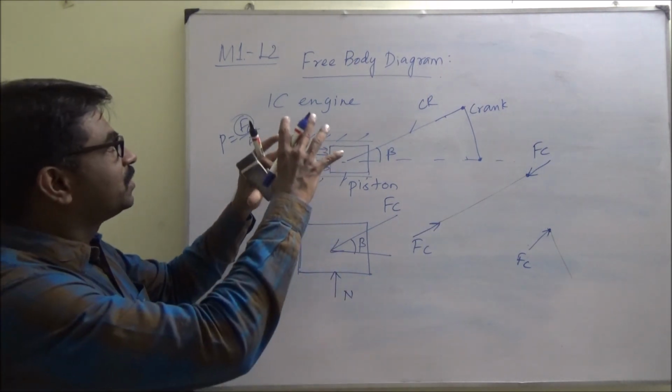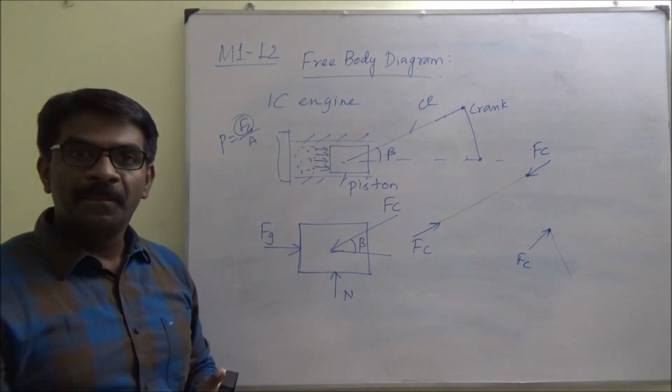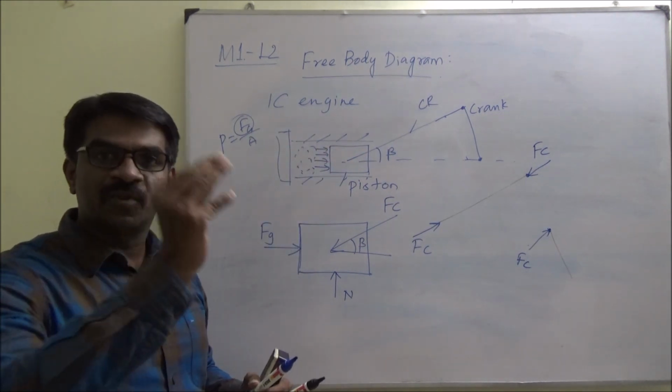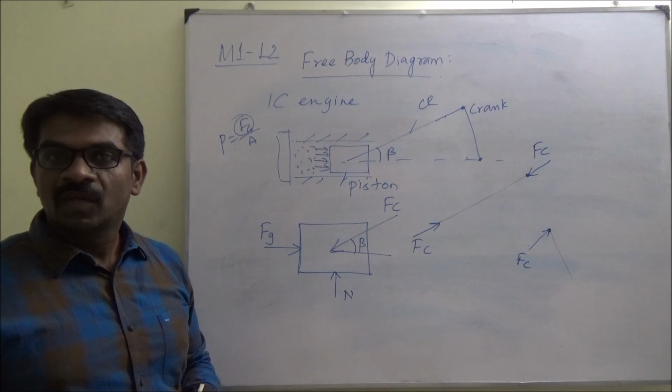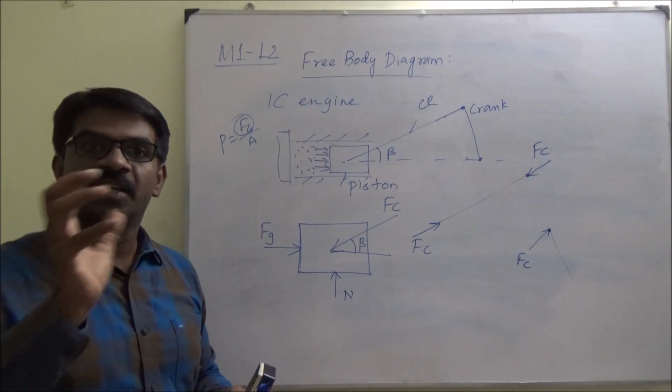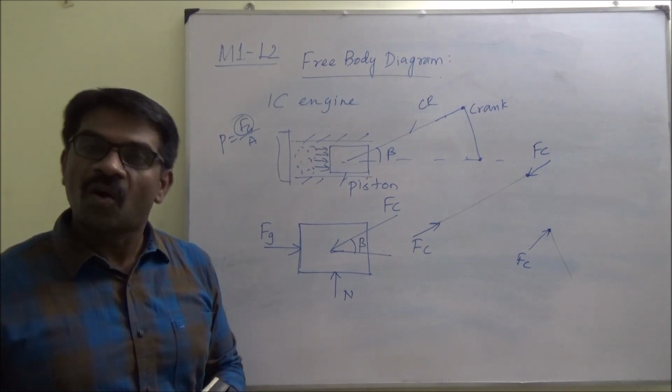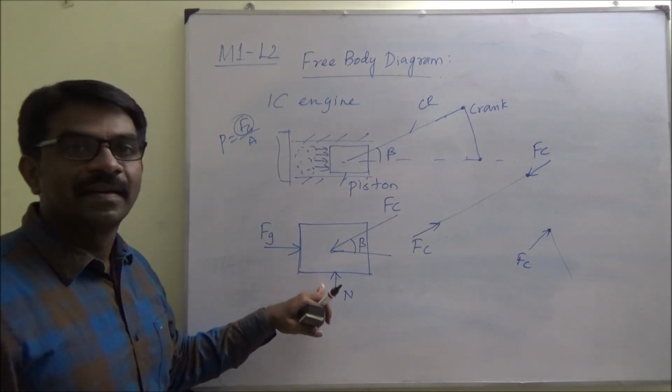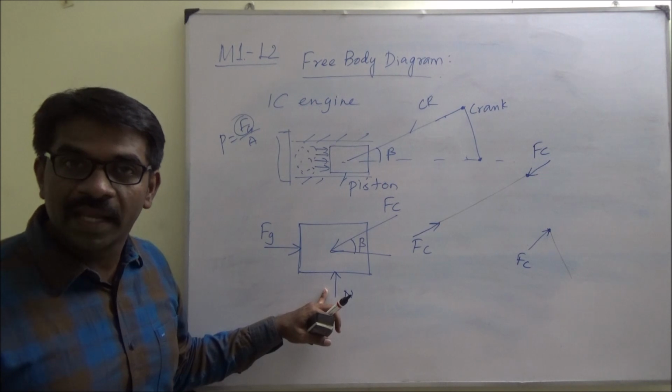Okay, so to summarize the free body diagram, you represent all the forces that are acting on the body. You are isolating the body and representing all the forces acting on it, and the reaction forces you are including.